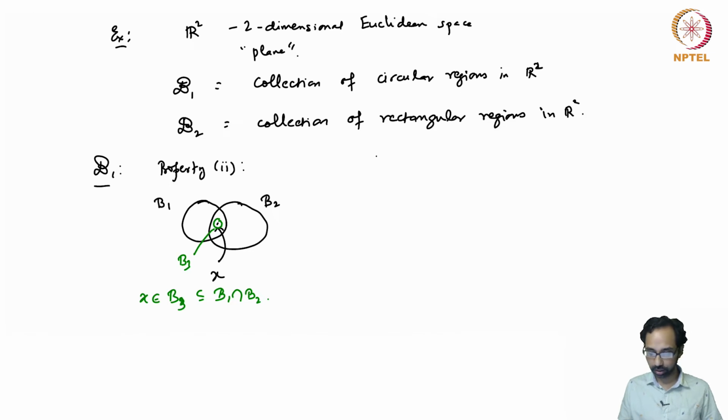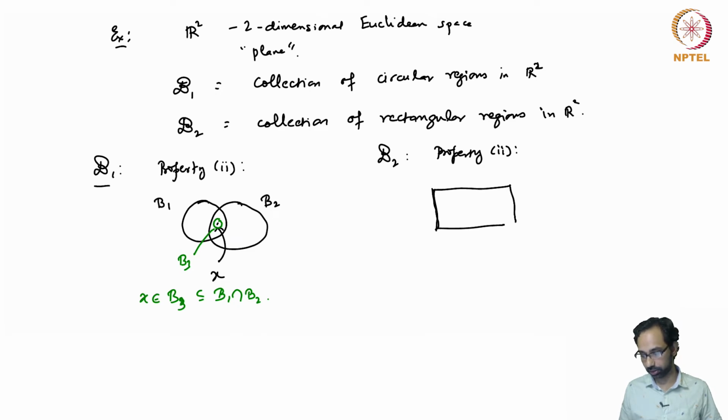Similarly for the collection of rectangular regions, property 1 is satisfied because every point in R2 can be enclosed within a rectangular region. For property 2, we can have for example two basis elements, two rectangles, B1 and B2, and let's take a point X in the intersection of these two sets.